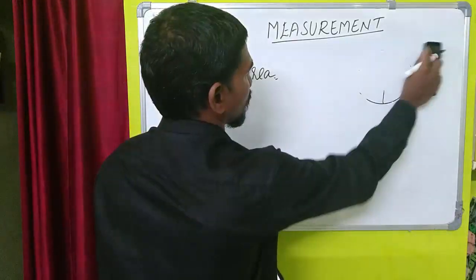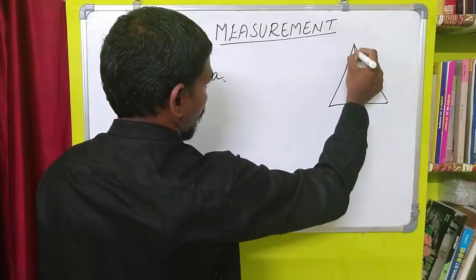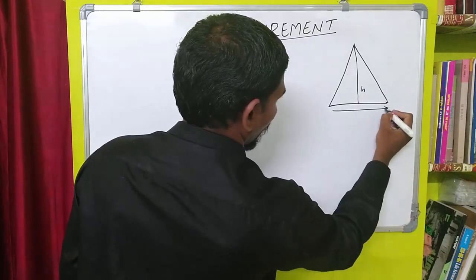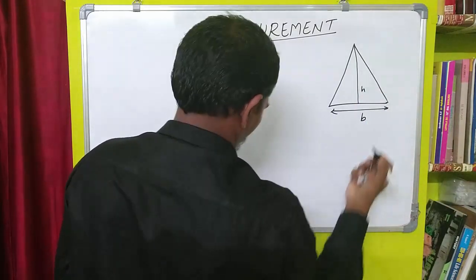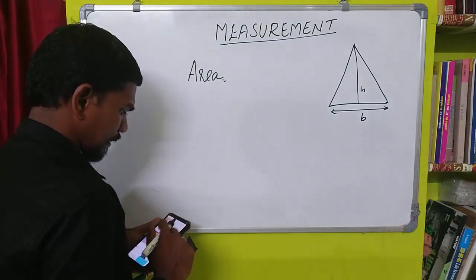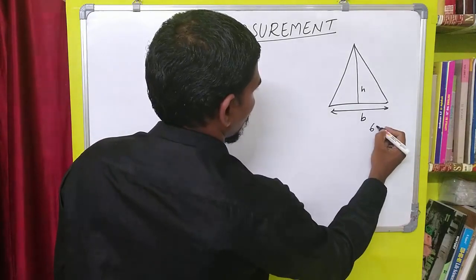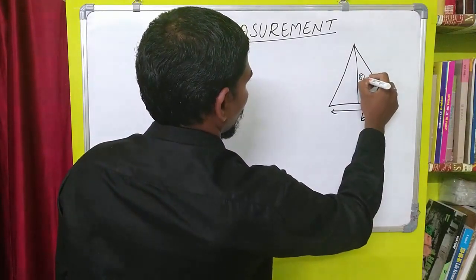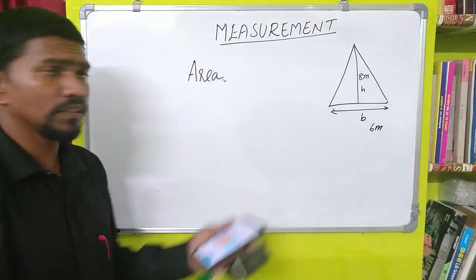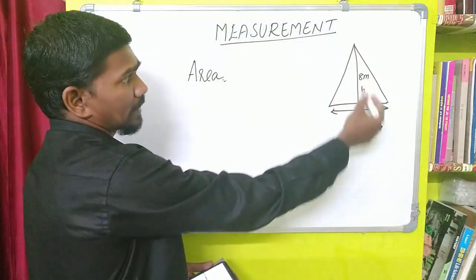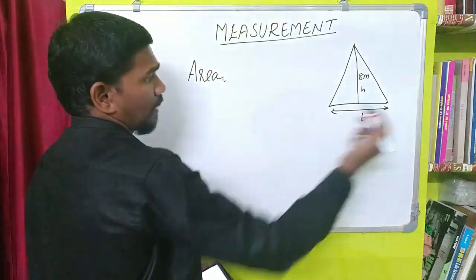Next we are going to see about the triangle, which has a height and this is the base. Now we have a triangle. Base is 6 meter, height is 8 meter. So this is the geometry of the triangle, which has an 8 meter height and 6 meter base.